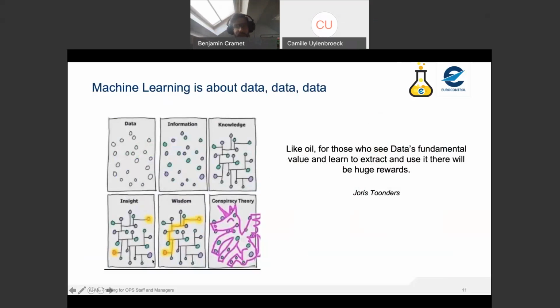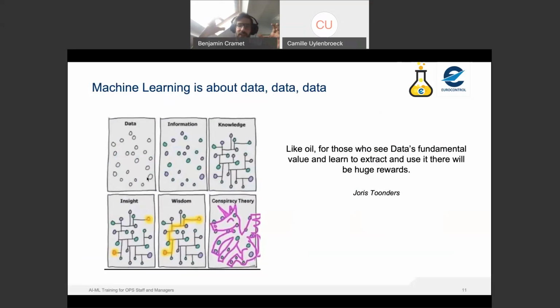That's a bit the goal of the cartoon. You see data is like these spots. There you have a lake or a huge amount of data, and you start digging. So you start looking for information. Each individual piece of data has a separate meaning. The knowledge part is when you connect the dots.